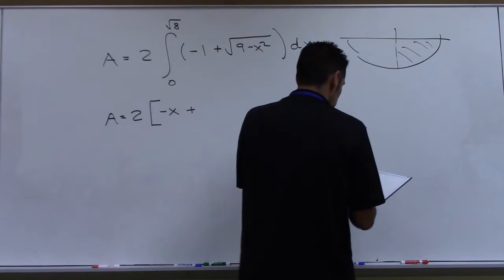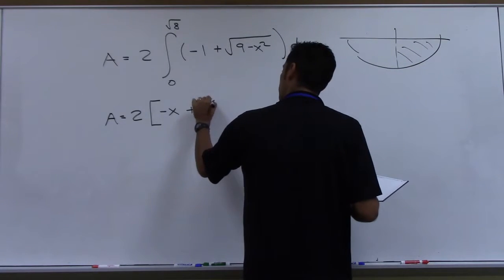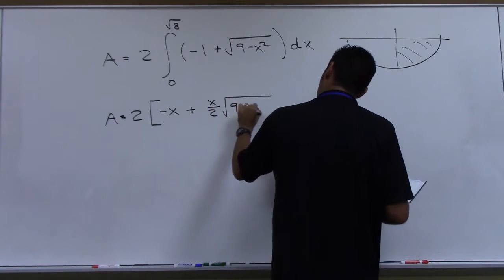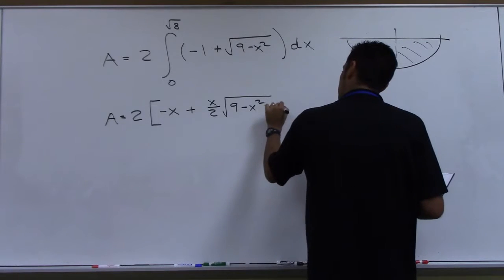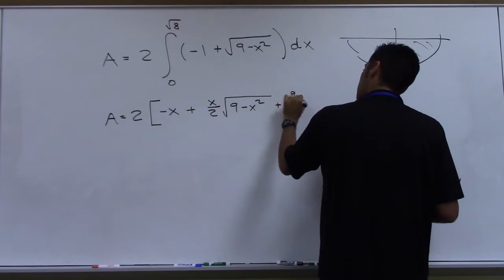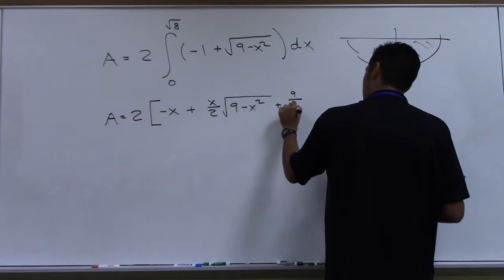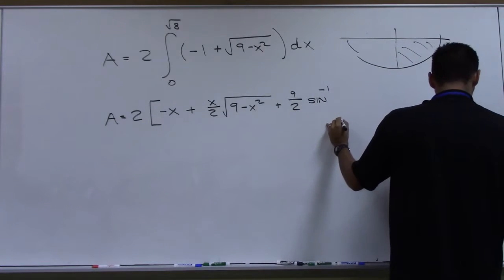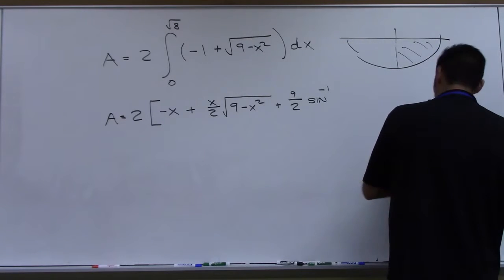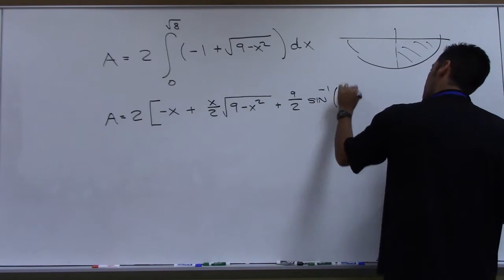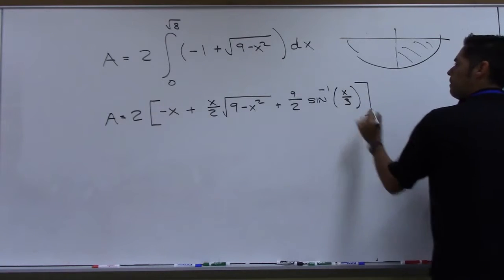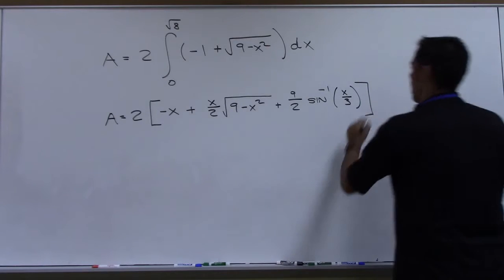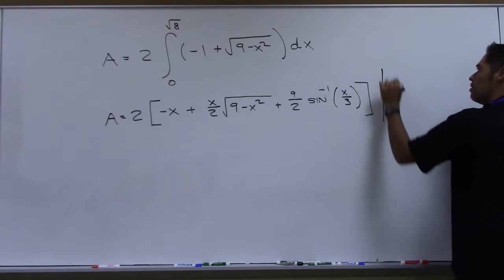So according to formula 30, it's going to be x over 2 square root of 9 minus x squared plus 9 halves arc sine of x over 3, and that's it. And we evaluate that from 0 to root 8.